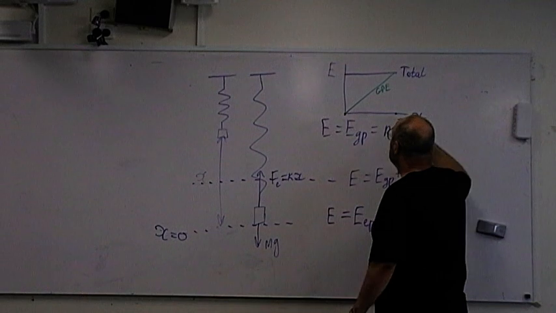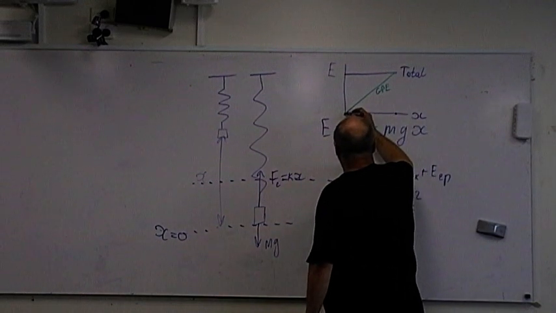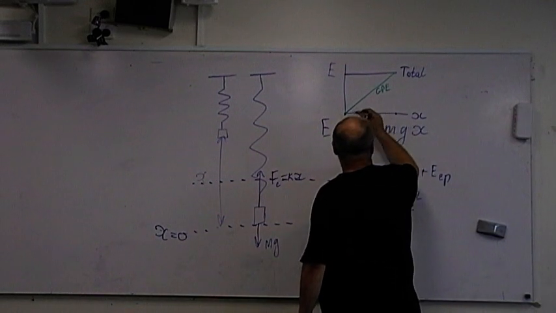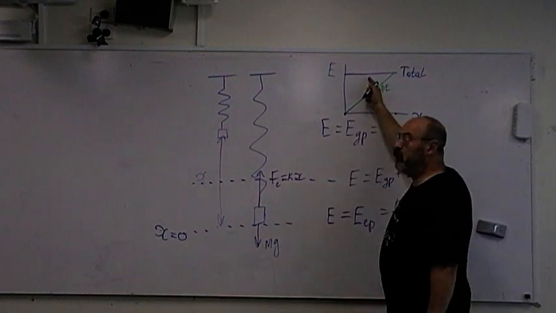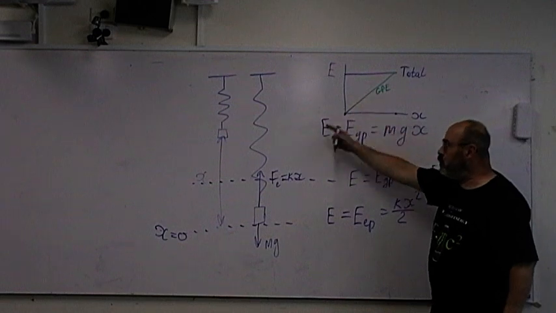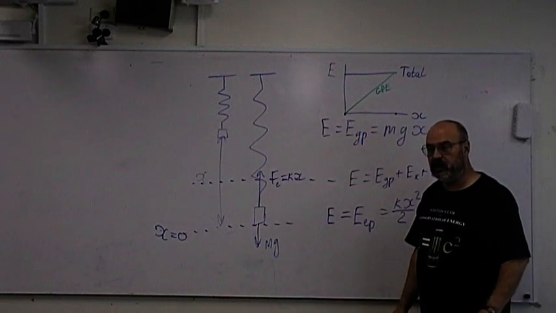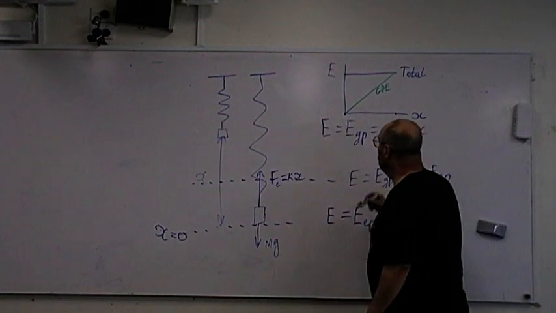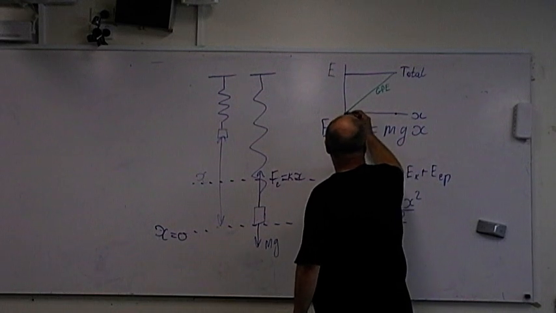Yeah, it's a parabola. So it will be some sort of parabola. But it never will equal the total energy, because there will be no case here when it's only kinetic energy. So it will be something like this.